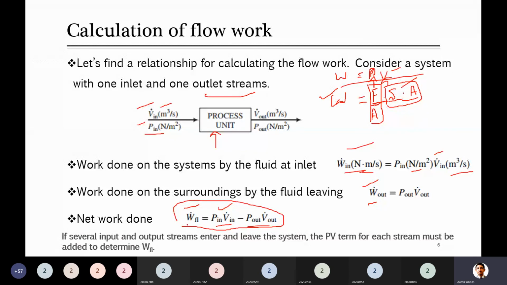When you write the work in this open system, later we will go back to that step, you will see that overall work is written as flow work plus shaft work. Shaft work is written with the symbol WS, and WFL is for flow work.